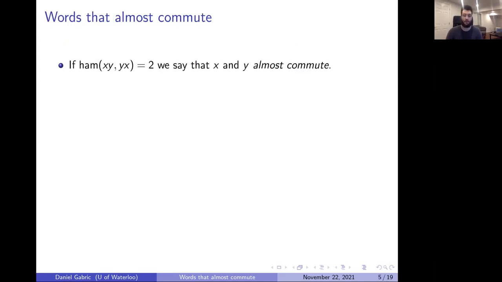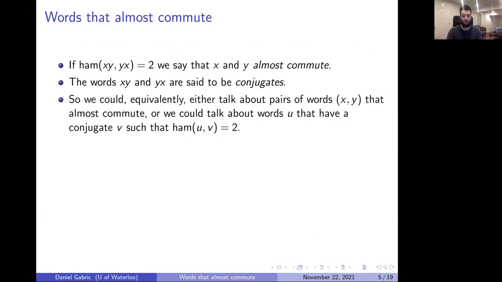So if the Hamming distance between xy and yx is 2, then we say that x and y almost commute. And also, the words xy and yx are said to be conjugates. When we're talking about pairs of words x, y that almost commute, we can equivalently talk about words u that have a conjugate v such that the Hamming distance between them is 2.